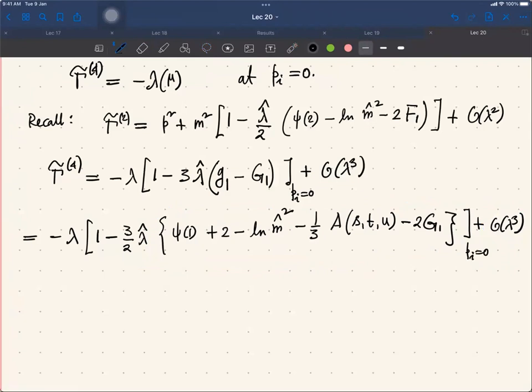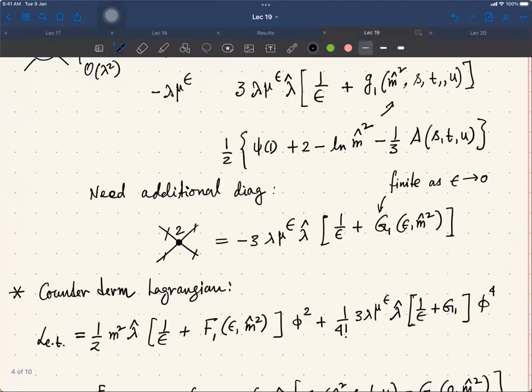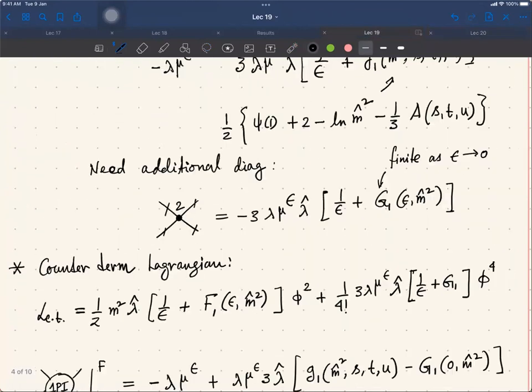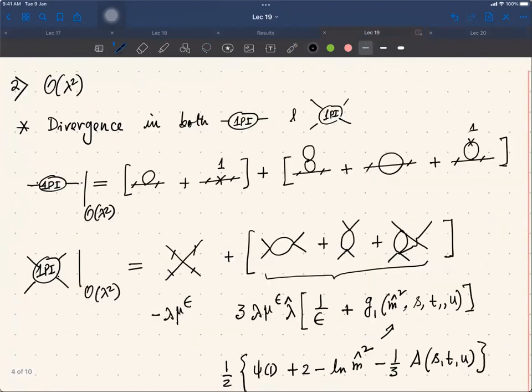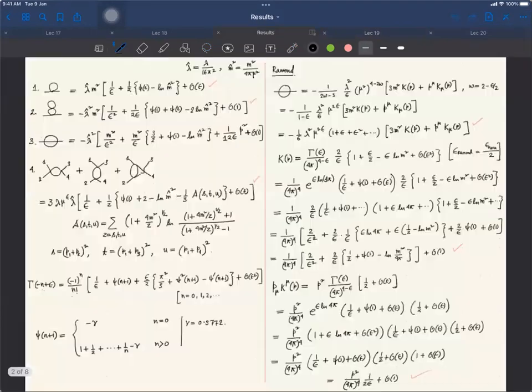Now, when I set pi equal to 0, then this A has to be calculated, A calculated at that value of the external momenta. If we look at A, let's see where A is written. Maybe it's in results. Yeah.